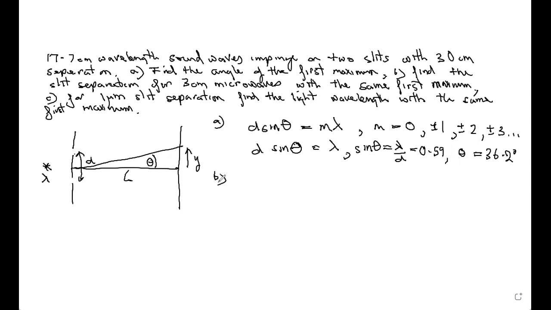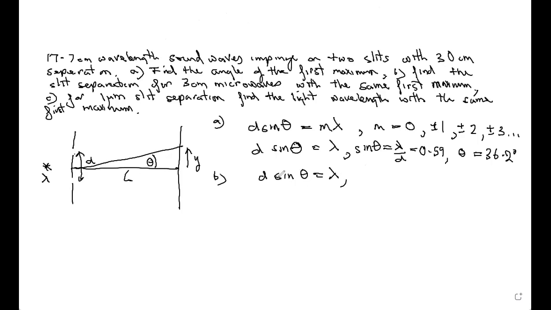So again, in this question, we're going to use this relationship for the first order maximum between the slit separation, the angle theta, the direction of the maximum, and the wavelength. In the last case, we knew the slit separation, we knew the wavelength, we wanted the angle. In this particular case, I'll write down the equation again. We want the slit separation, knowing the wavelength and knowing the angle.